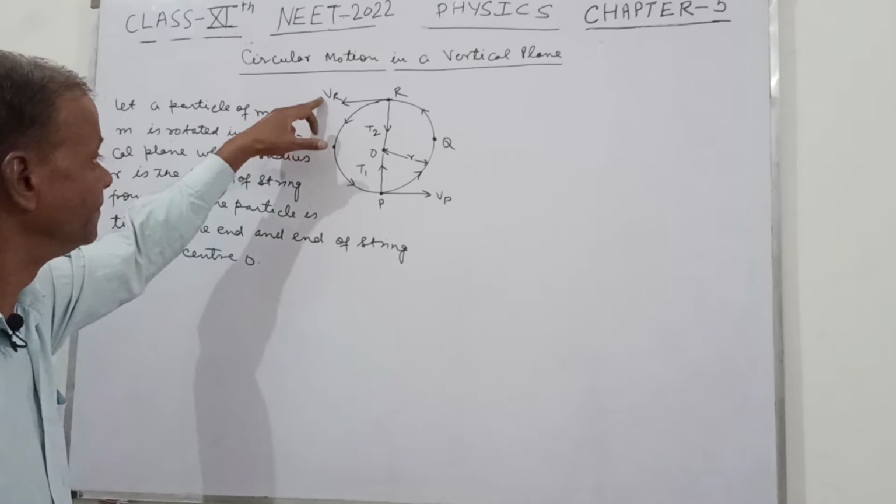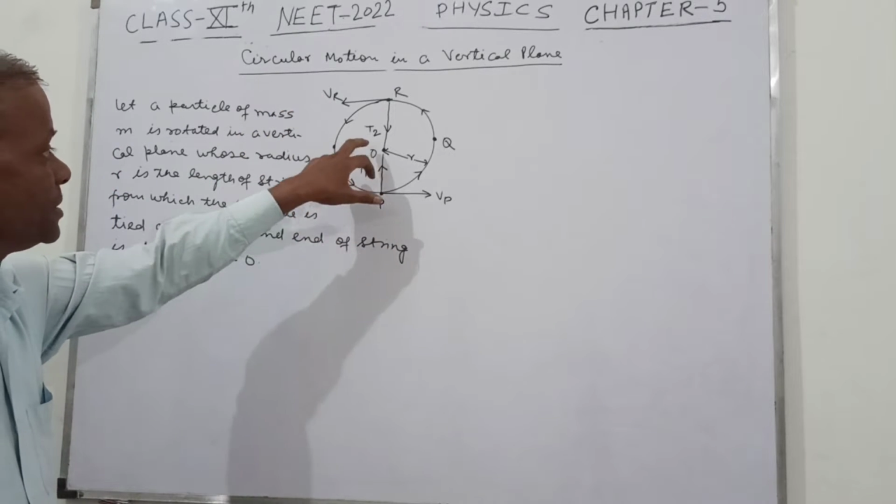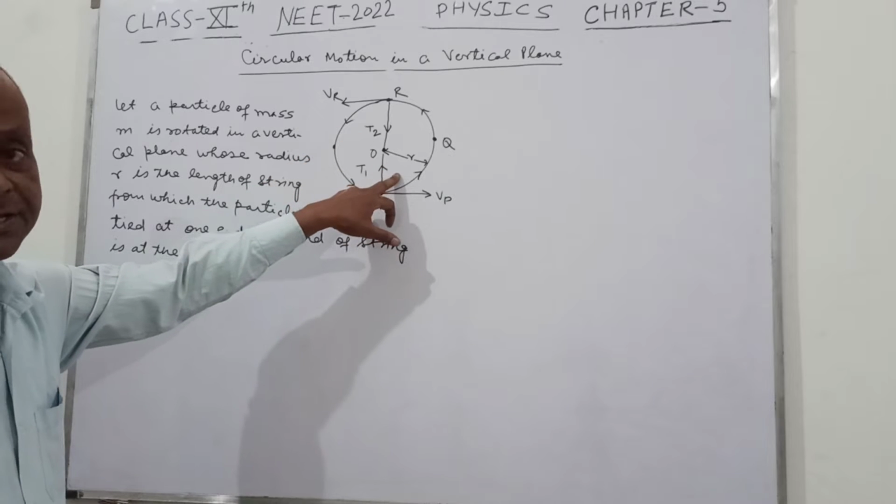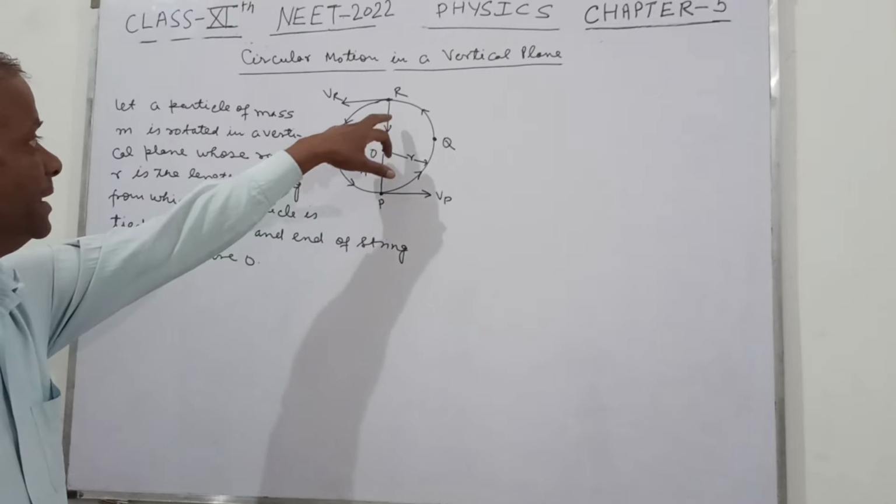And let T1 and T2 be the tensions in the string at point P and at point R.